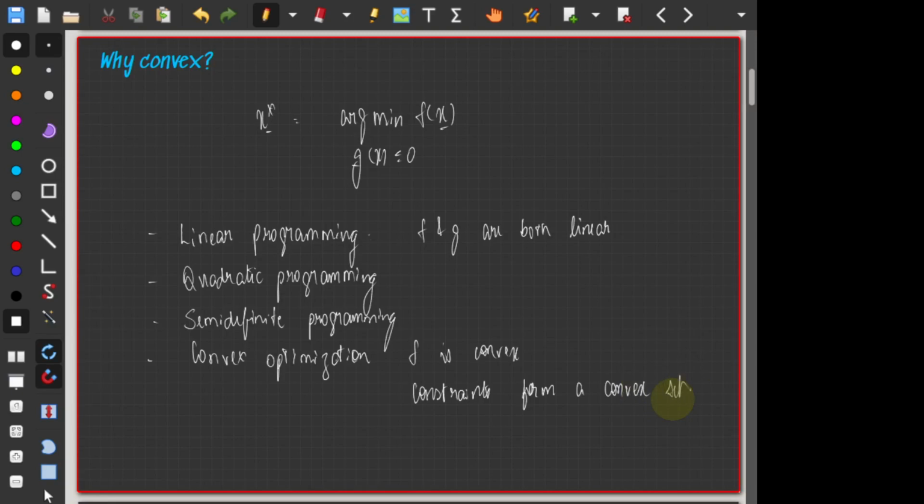So then, if this is the class of problems that we can solve efficiently, what constraints does that imply on, say, g of x?